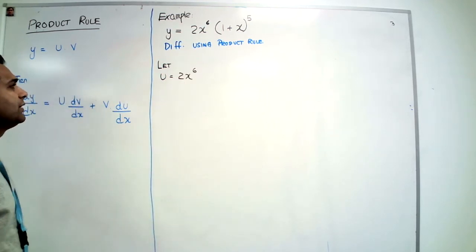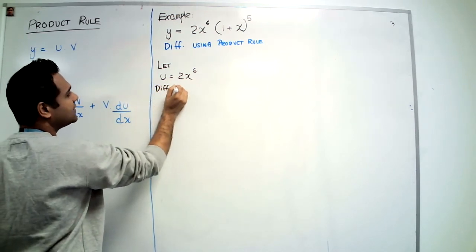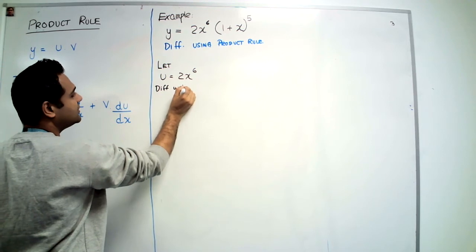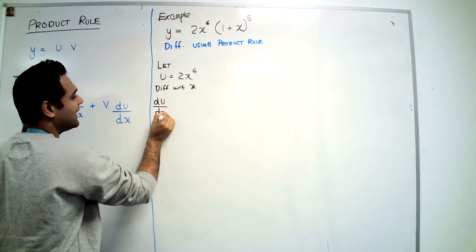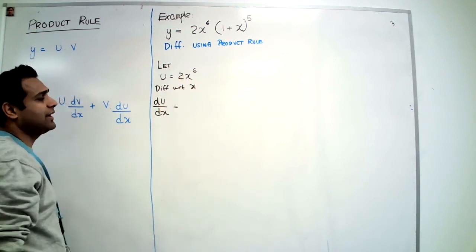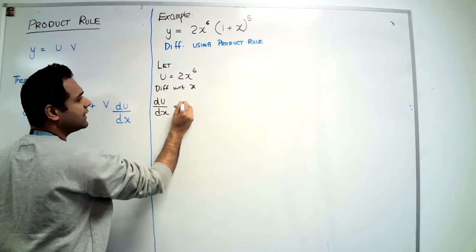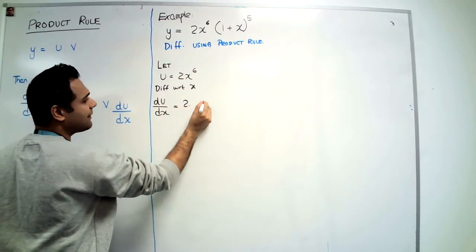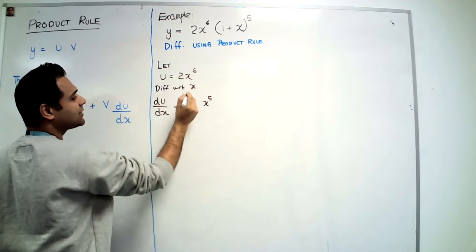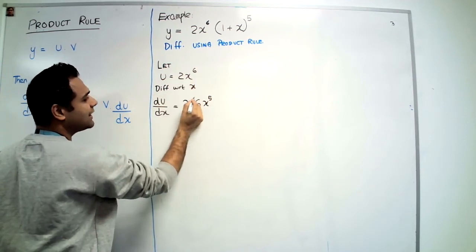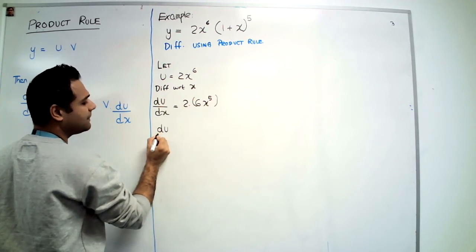That's the u. Now I need to differentiate. So you need to find the differentiation with respect to x, so you need to find du over dx. Du over dx of that one is going to be 12x to the power 5. The 2 is there, the power of x is reduced by 1, but this 6 should also come out like this.